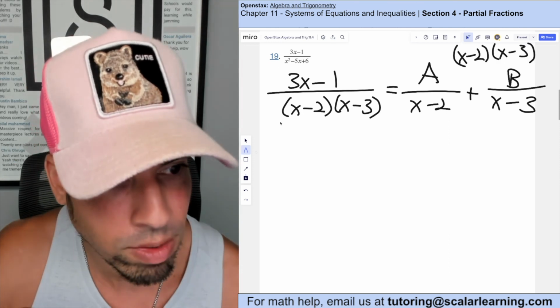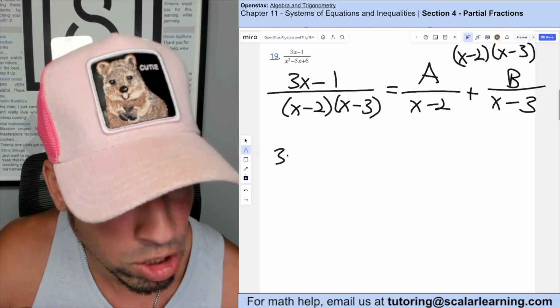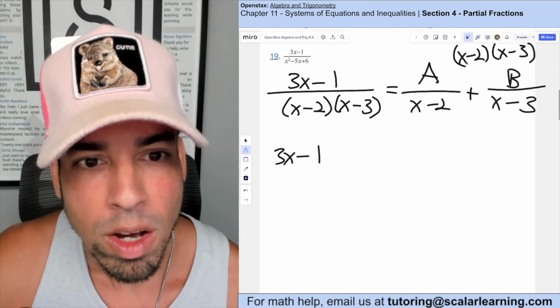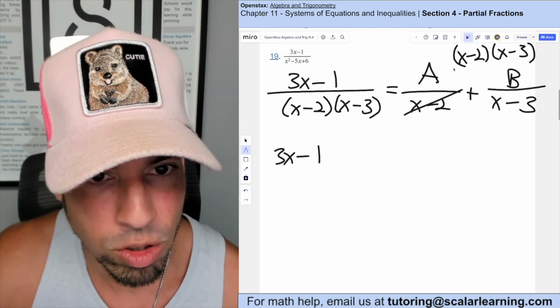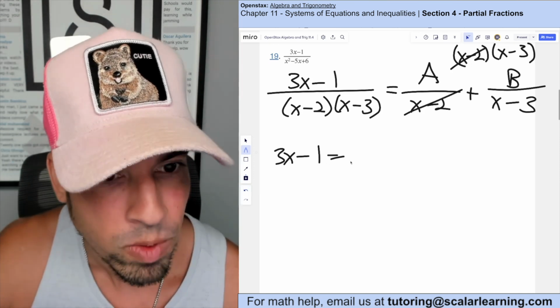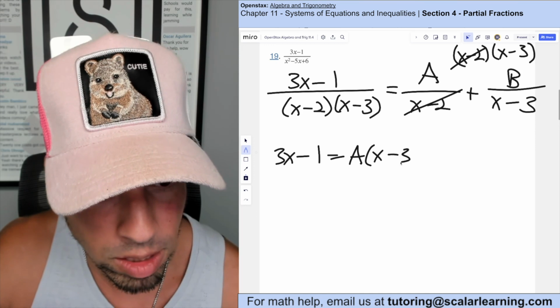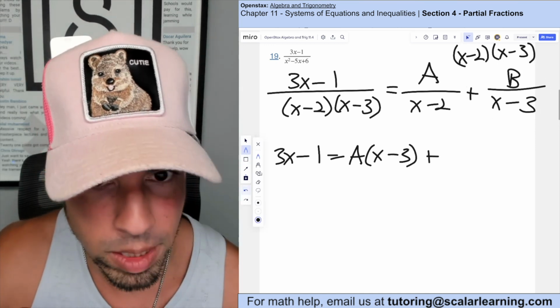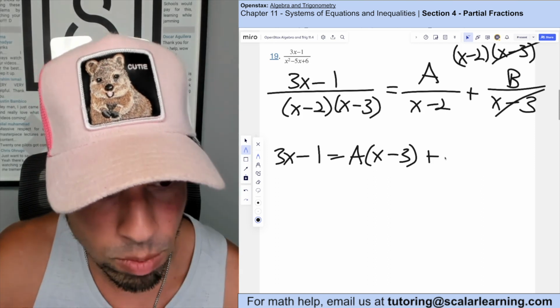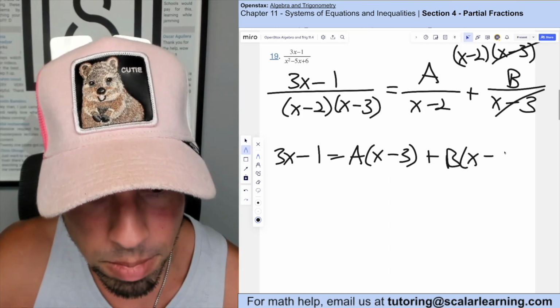Multiply the left side, it's going to cancel out that denominator, which gives us 3x minus 1. On the right side, first we multiply it against this guy, and the x minus 2s are going to cancel out, which leaves us with a times x minus 3 plus, now this is going to multiply this guy, which means x minus 3 is going to cancel out, and we got b times x minus 2.